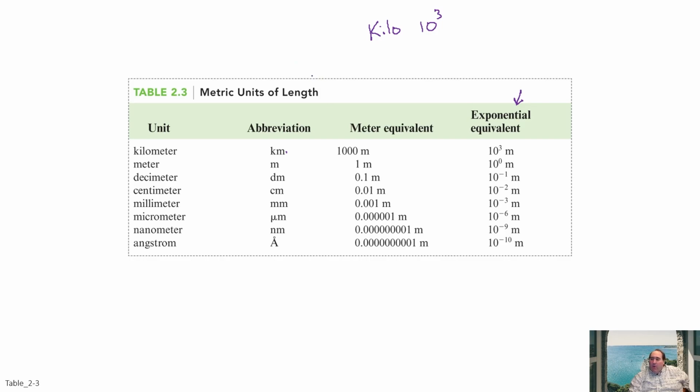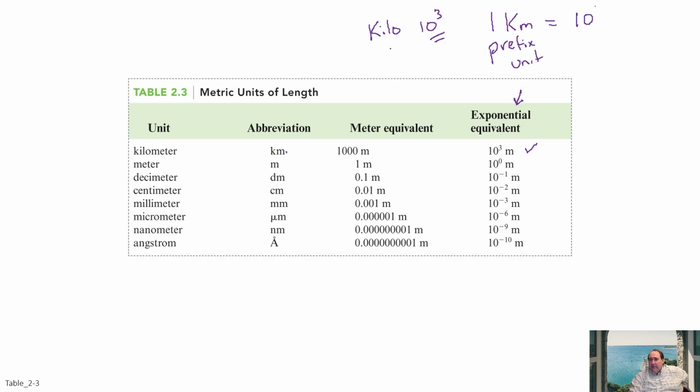And sometimes people always want to use this backwards. What I mean by that is when you see something like that, like we see here in this table, what that 10 to the 3 is, and by the way, that is 1 times 10 to the 3 on your calculator when you need to put that in to do a problem. What that really means is in one of the prefix units, so for example, kilometers would be the prefix unit, that is how much there is of the base unit.